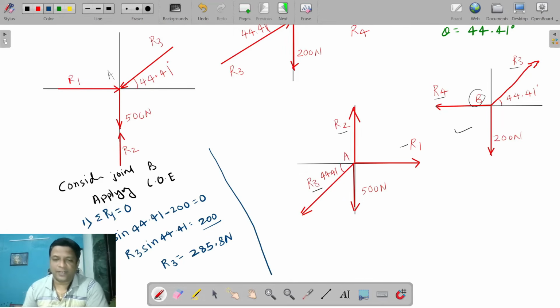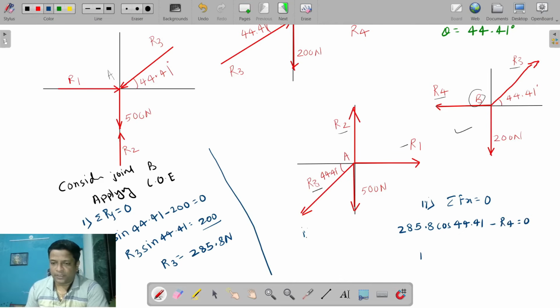After getting this answer, we'll apply the second equation. The second equation is summation of Fx is equal to 0. For R3, the Fx value will be, R3 is already known, so we can write 285.8 cos 44.41. Then R4 is pointed towards the left, so minus R4, equal to 0.